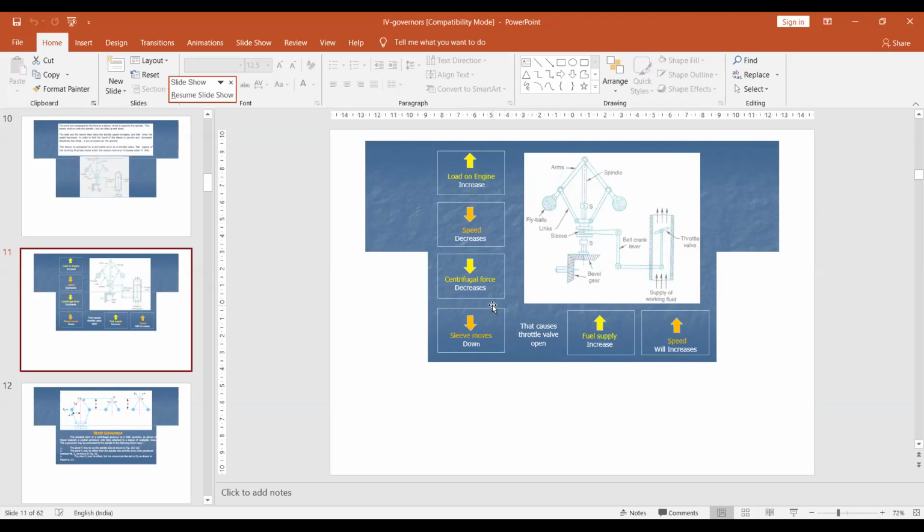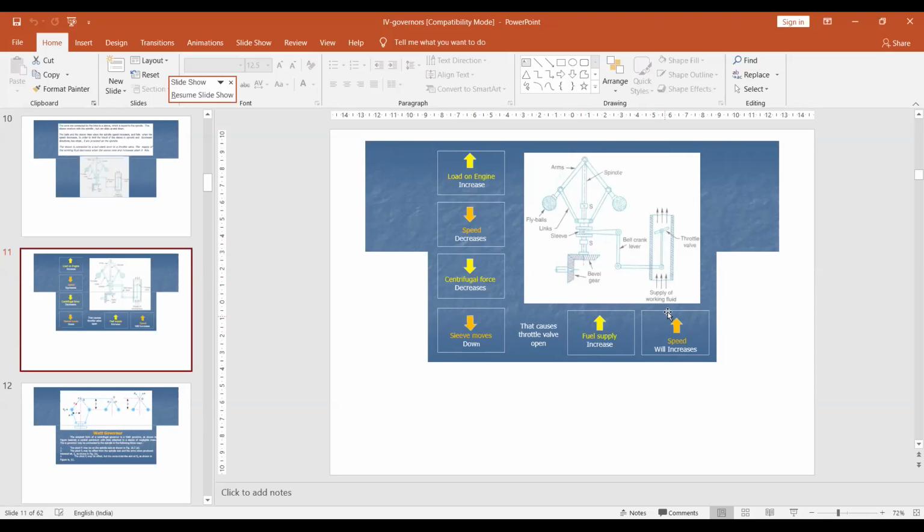Here all of you observe how we sense that fuel is required. When the truck carries more load, the speed levels simply reduce. But when the speed decreases, it is sensed by the governor, which opens the throttle valve.